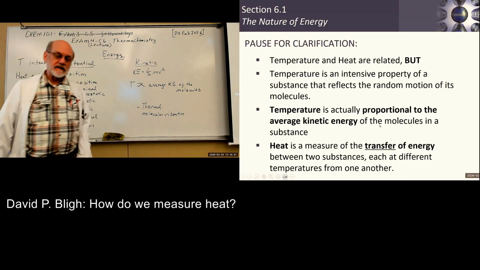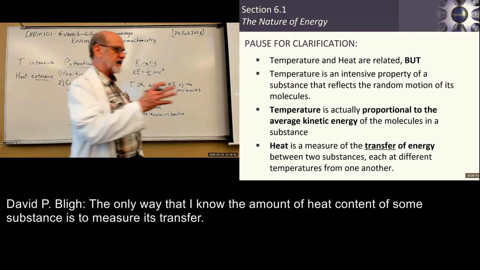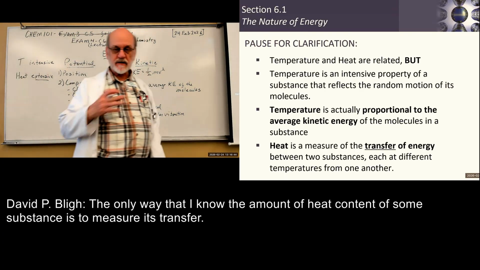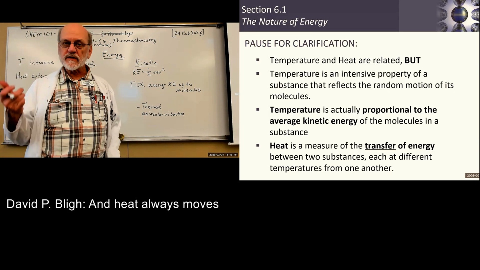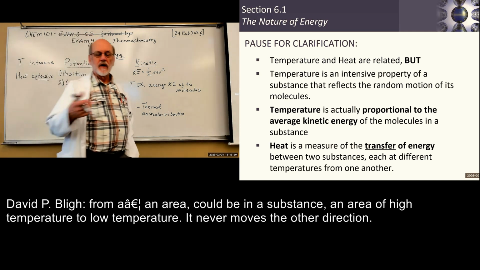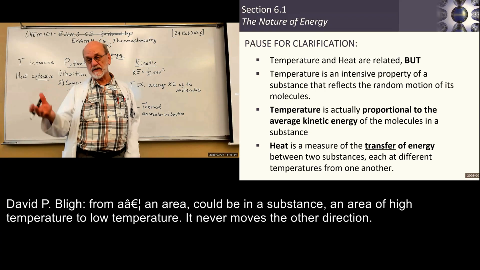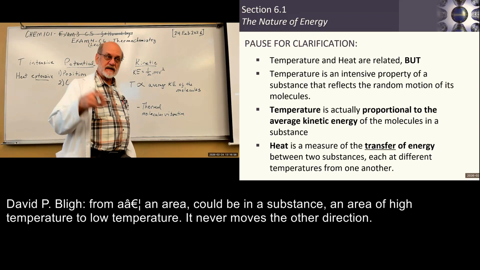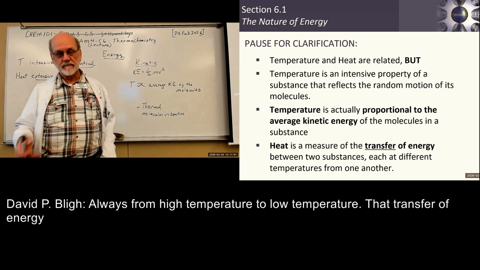How do we measure heat? The only way that I know the amount of heat content of some substance is to measure its transfer. And heat always moves from an area, could be in a substance, an area of high temperature to low temperature. It never moves the other direction.